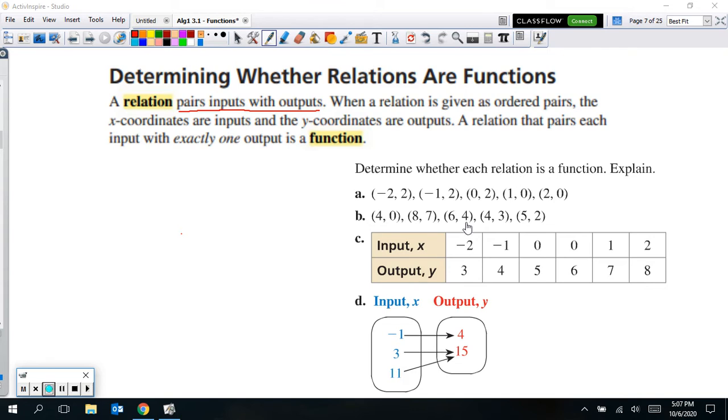Each of these is a relation. They have inputs and outputs. You can see them in different formats, but the simplest way to think about it is that it's a set of ordered pairs. So a relation is any set of ordered pairs. Go ahead and write that down: a set of ordered pairs.